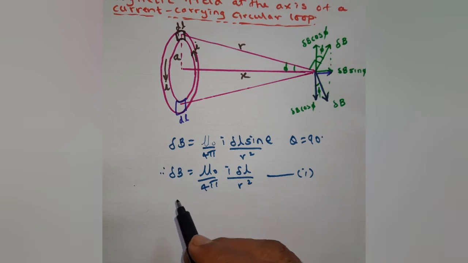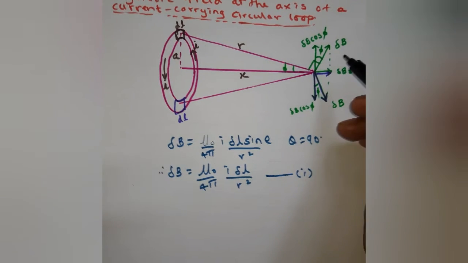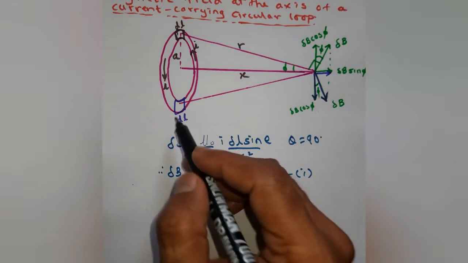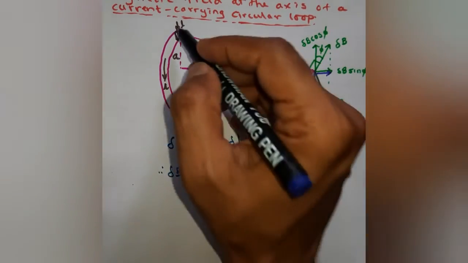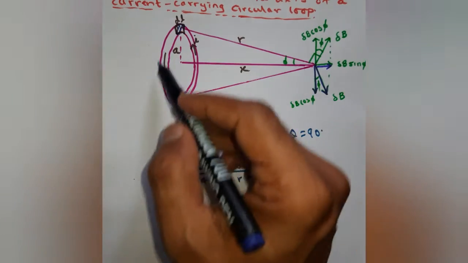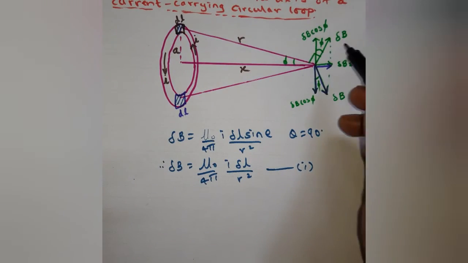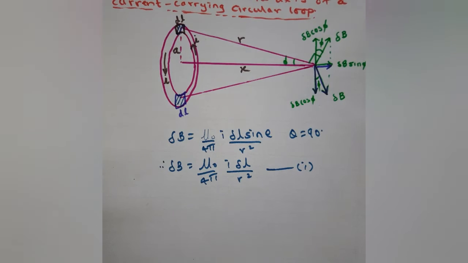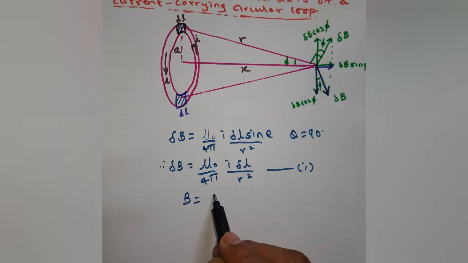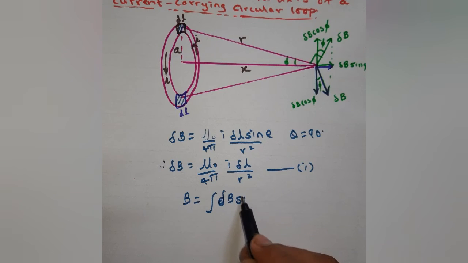Now this value of delta B is something like this over here. In the same way I get the same value of delta B with respect to this particular element. So we got this with respect to two elements, but if I keep on taking small elements all over here, I will get the values of the components like this and they will keep on cancelling with each other. So the final value of B will be nothing else but an integration of delta B sin phi.